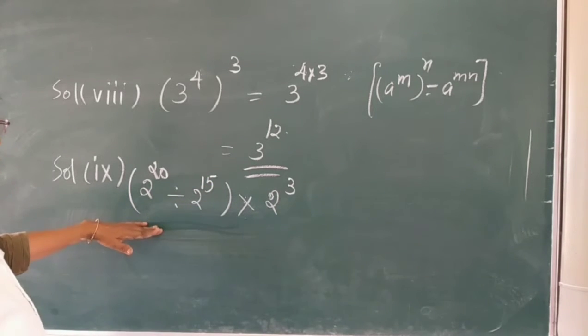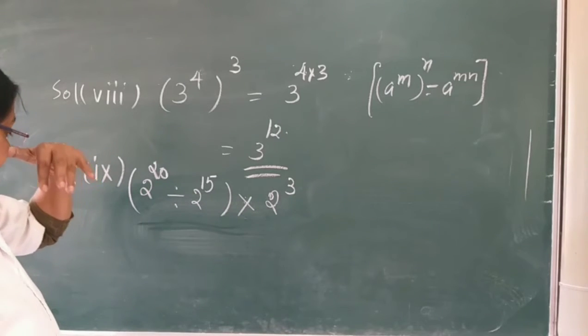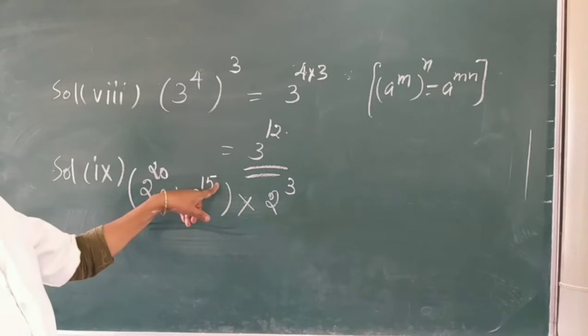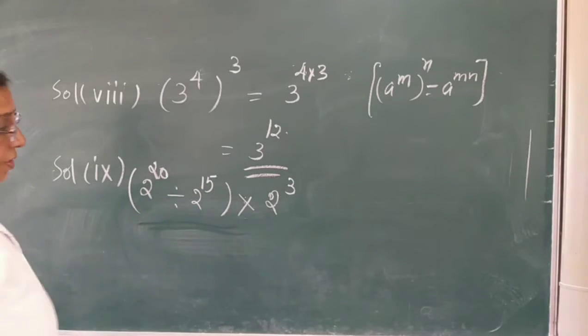So first we simplify this, and then multiply both. a raised to m divided by a raised to n is equal to a raised to m minus n.